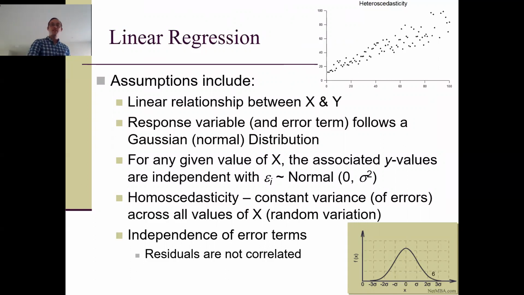What that means is that the variance is increasing, and the variance is dependent on what the X variable is. That's a problem. That's again a violation of one of the main assumptions that we have, that the variance is not correlating with the actual data.